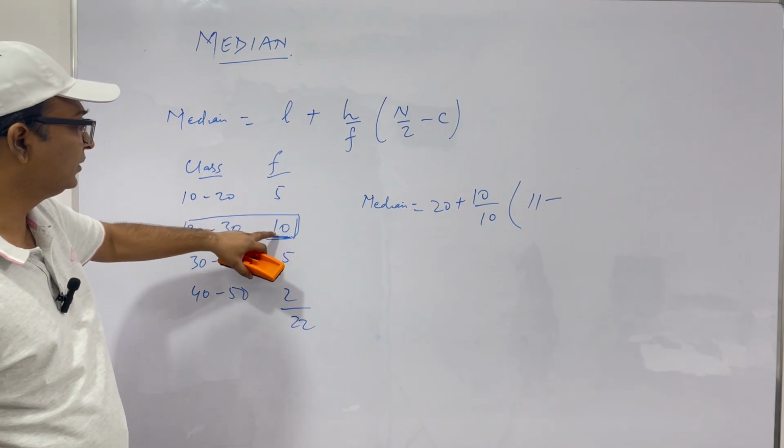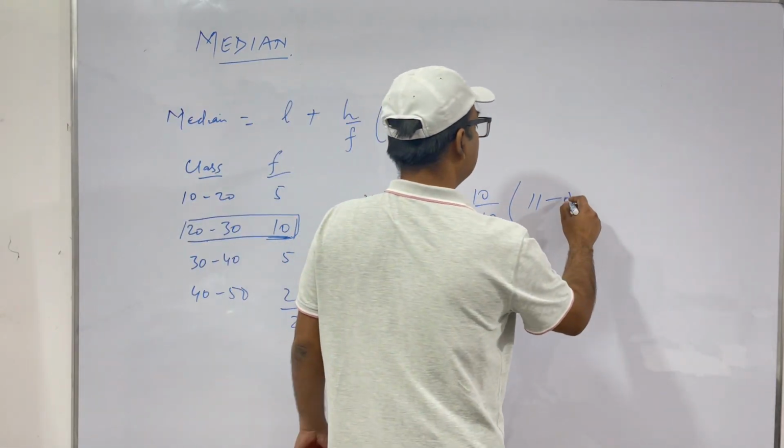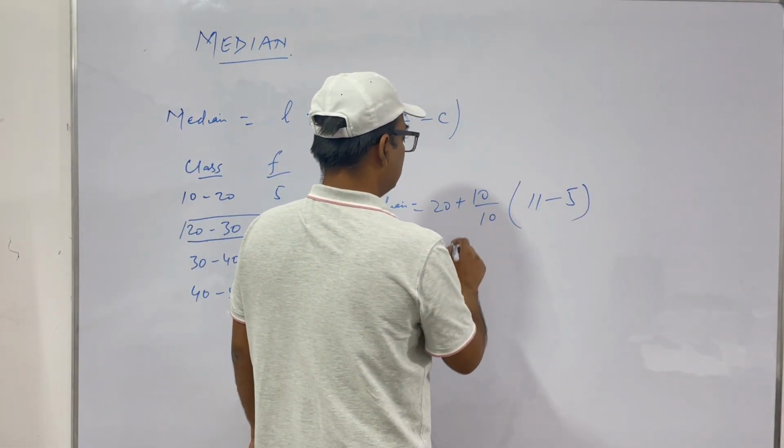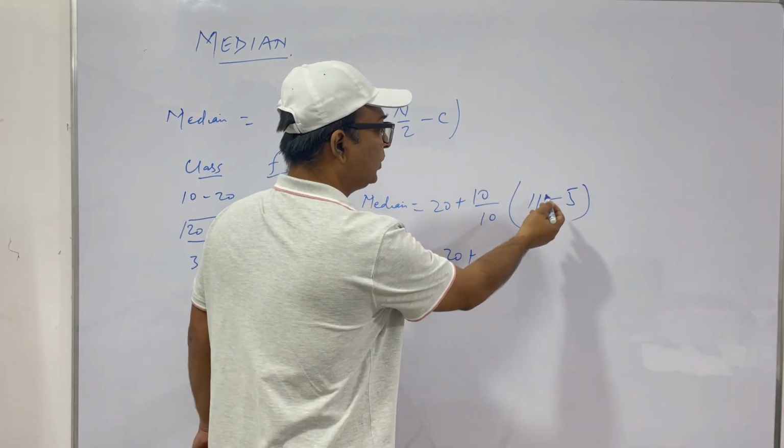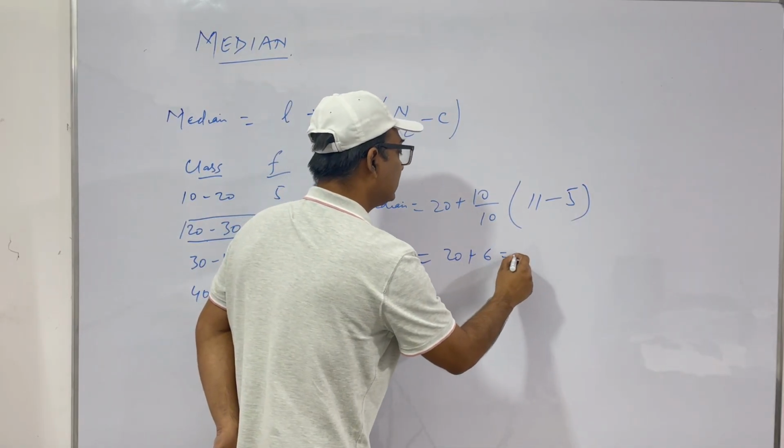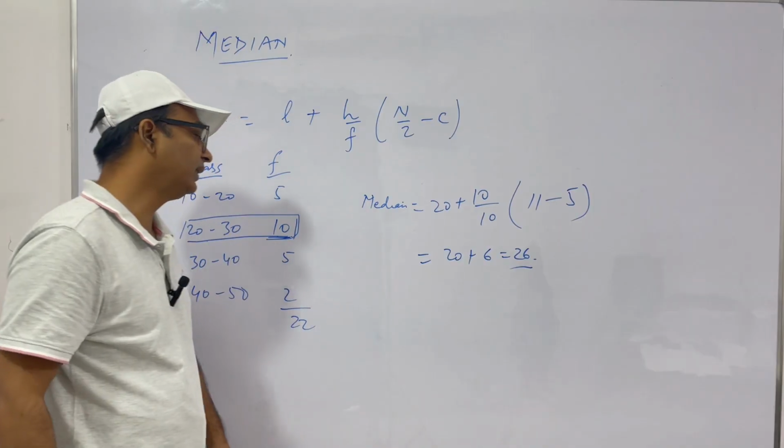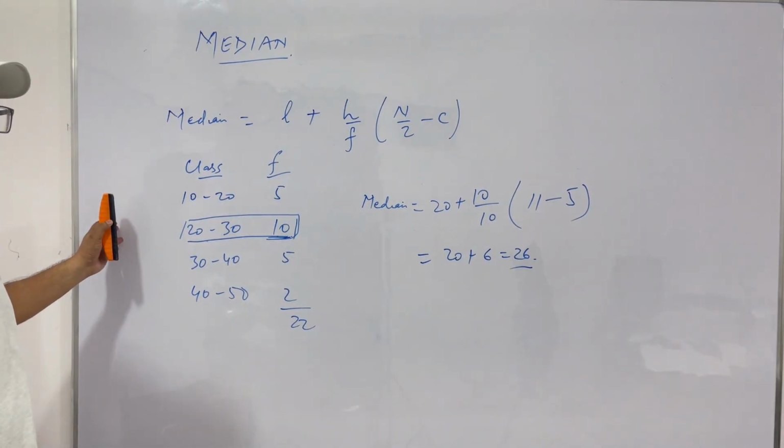So this is 5. This is 20 plus 1 times 6, 11 minus 5 is 6, that is 26. So the median is 26 here.